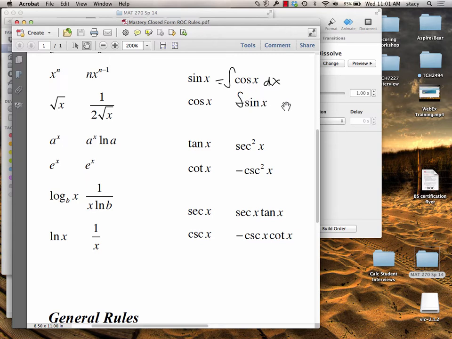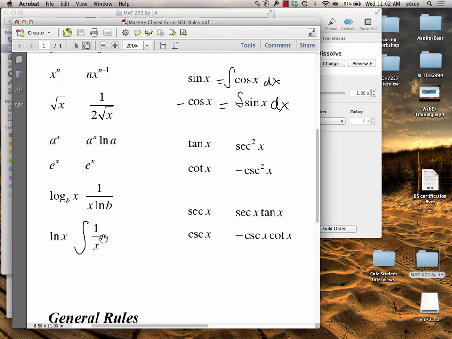I'd rather memorize that the integral of sine of x dx is negative cosine x, right? So if you take 3 seconds to type into Google rules for antiderivatives or rules for integration, you will find a very pretty sheet full of these rules that you can proceed to memorize if you so choose. Okay?